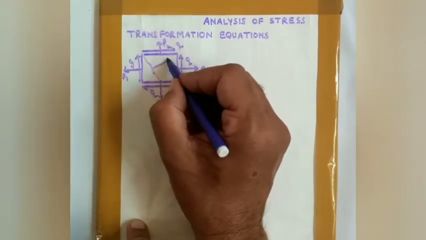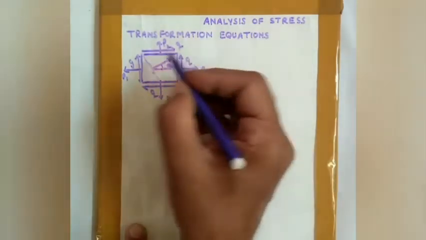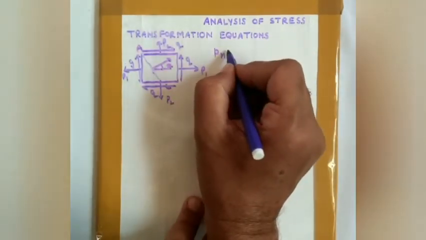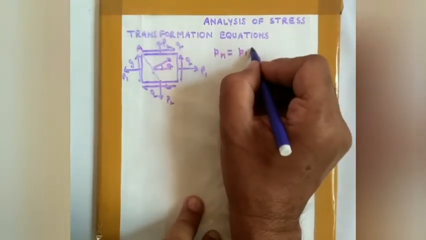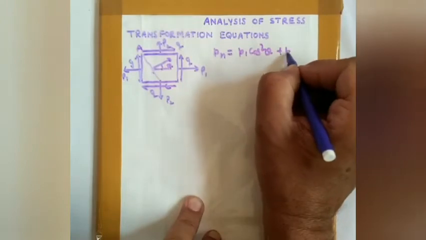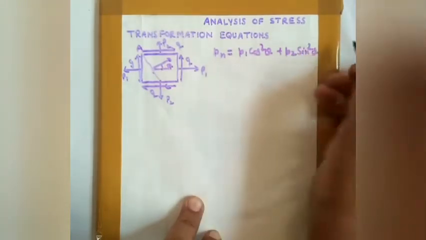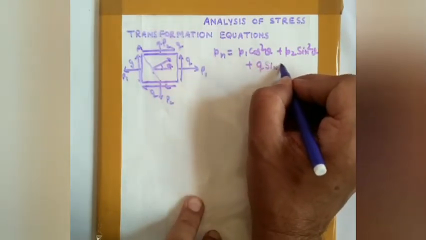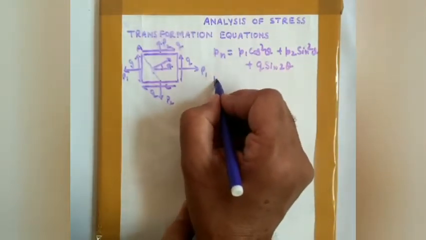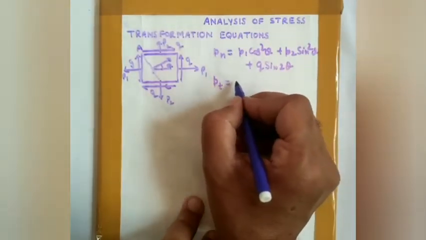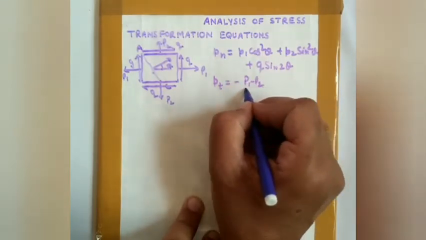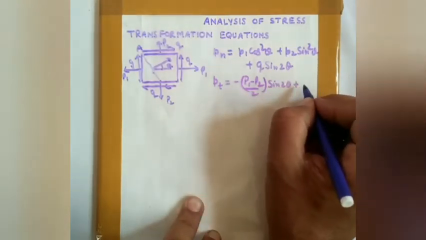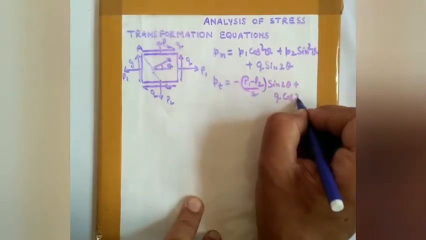The normal to the plane makes angle theta with the x-axis, and Pn found was P1 cos square theta plus P2 sin square theta plus Q sin 2 theta, and Pt was found to be minus P1 minus P2 by 2 sin 2 theta plus Q cos 2 theta.